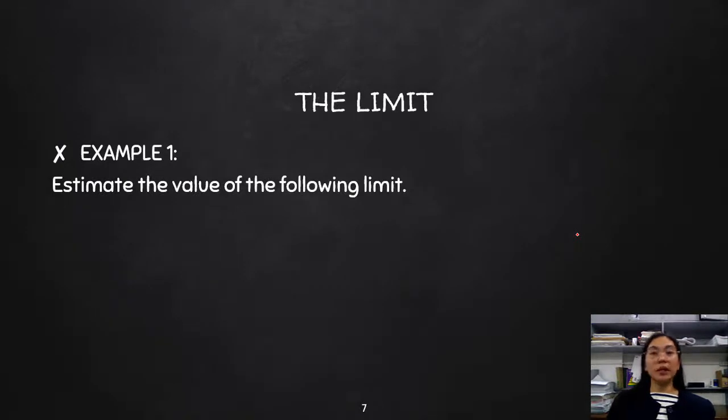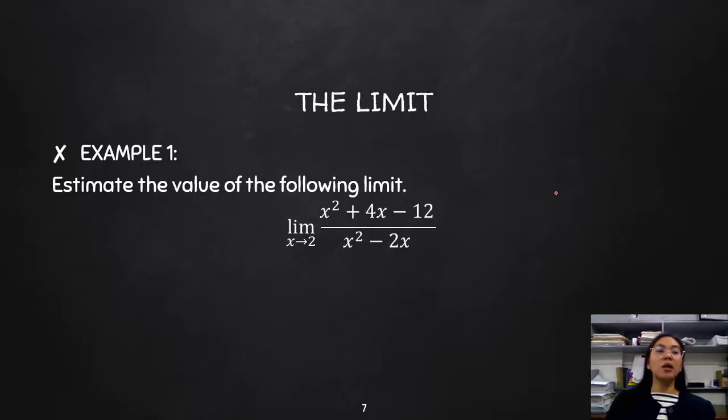Let's take a look at an example. We are to estimate the value of the following limit: the limit of x squared plus 4x minus 12 all over x squared minus 2x as x approaches 2. How do we evaluate this limit? Or rather, it says here, estimate.